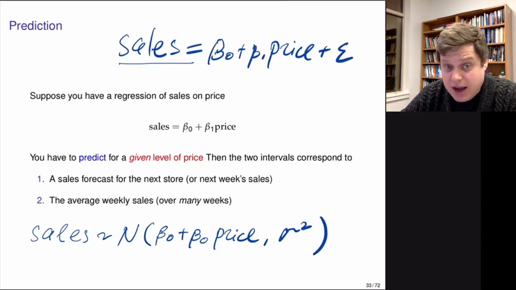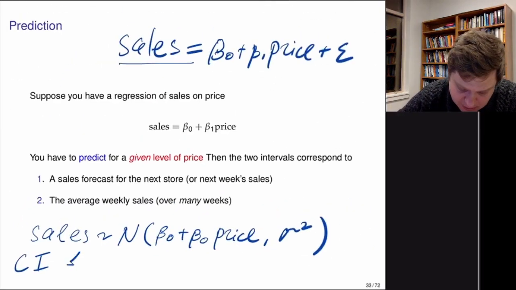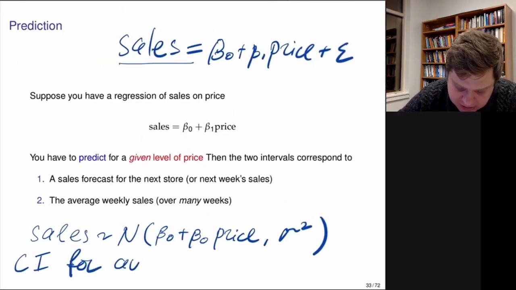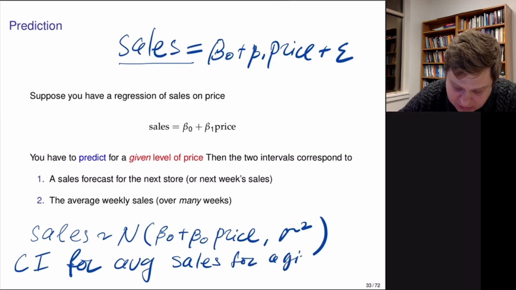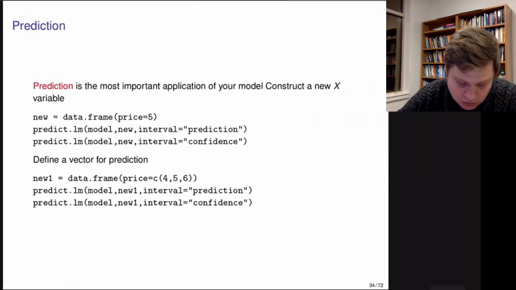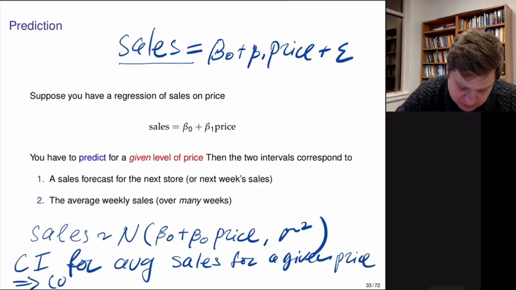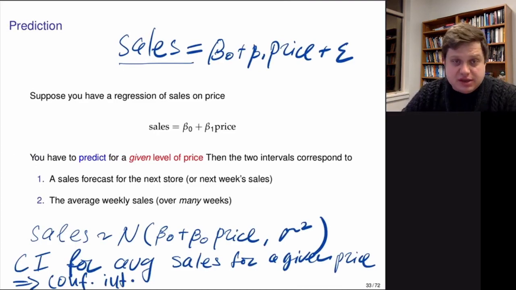So if you try to estimate the confidence interval for average sales for a given price, what you will get is what is called the confidence interval for the sales.